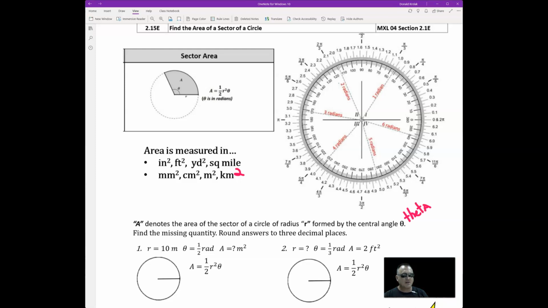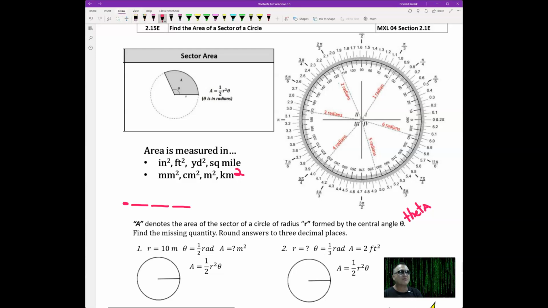Find the missing quantity, round your answer to 3 decimal places. So when we're talking 3 decimal places, you've got your decimal and then 3 places, and you're going to look at the 4th place to figure out whether you are going to round it up or round it down. If this number is a 5 or more, we round up.